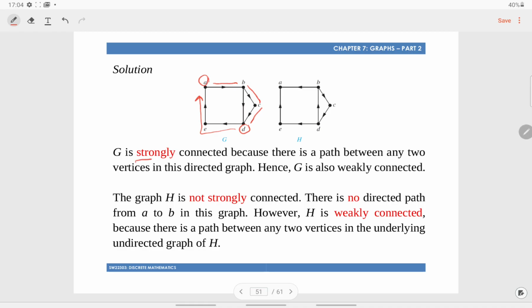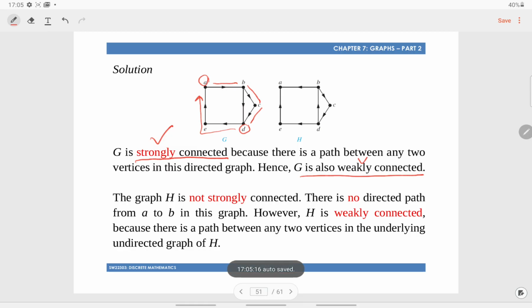That's why G is strongly connected, because there is a path between any two vertices. So automatically G is also weakly connected. When it is strongly connected, it is automatically weakly connected.